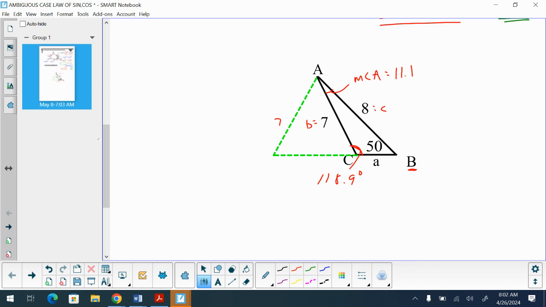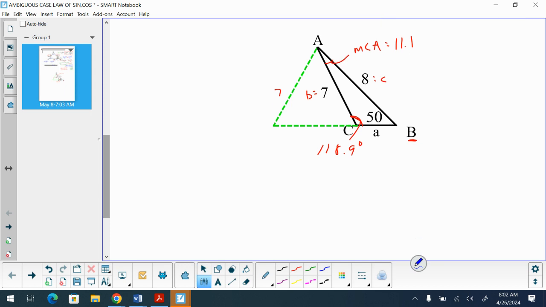Now we can go through the law of sines a second time, where we have the sine of 50 degrees divided by 7, b over little b, is equal to the sine of 11.1 divided by little a. So I could do a second law of sines proportion to solve for little a. What now do we come up with for little a?